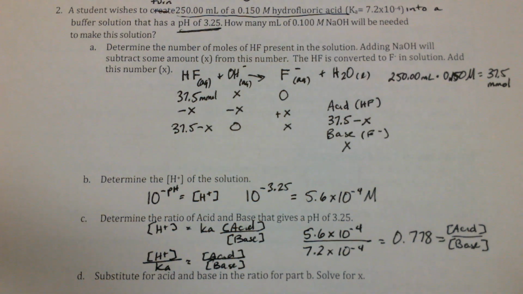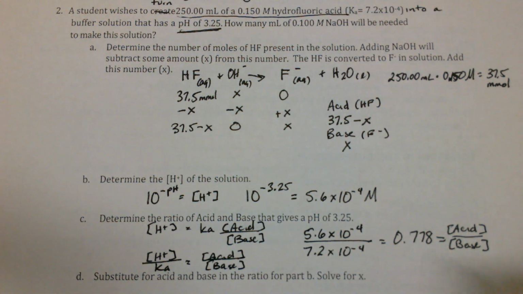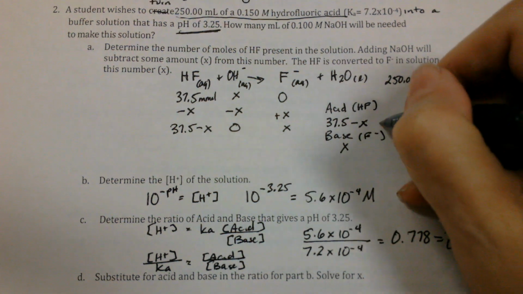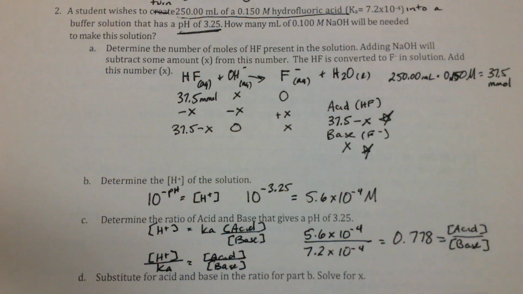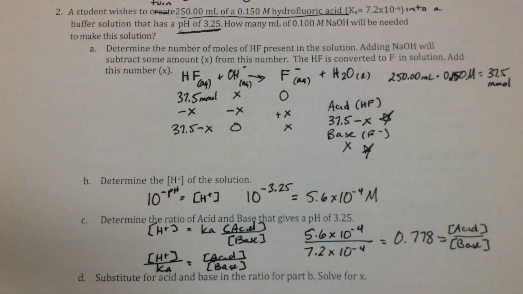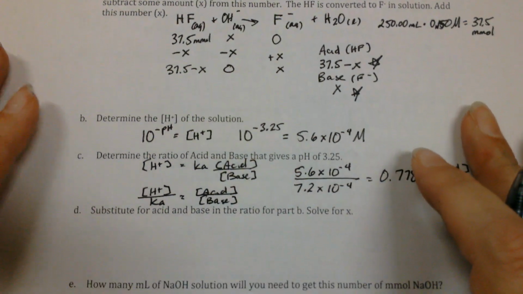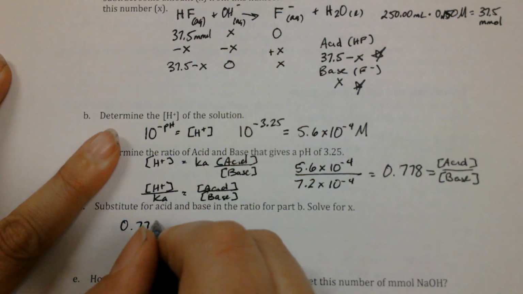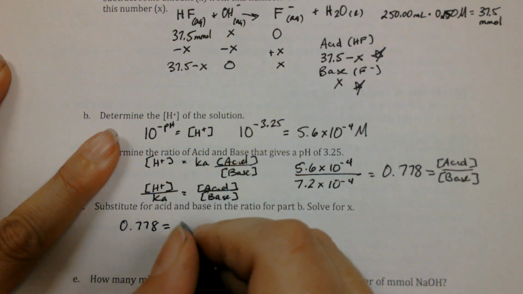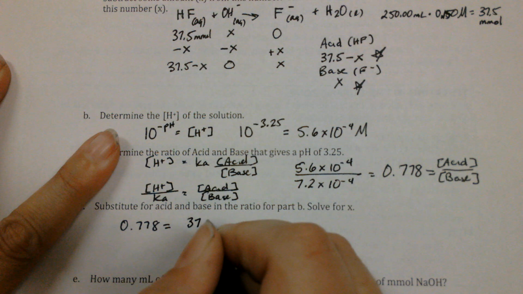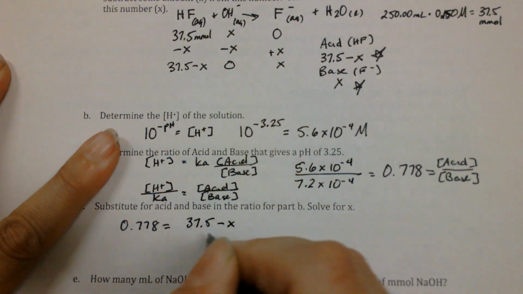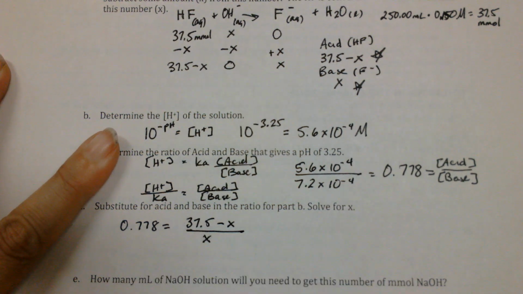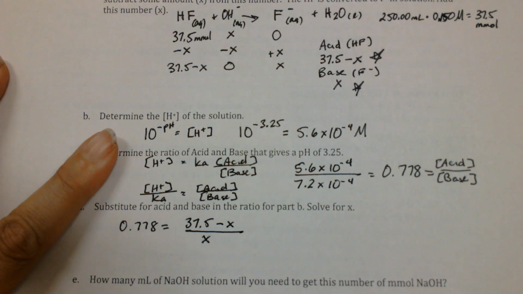Well, now it says substitute for acid and base, because remember, back here, we figured out an expression for the acid and the base. So if we can substitute in, we know that 0.778 is equal to the acid part, which is 37.5 minus x, over the base part, which is just x. And now we can solve for x.